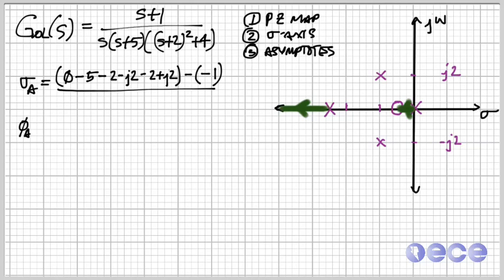So we have 4 poles on the bottom, so 4 minus 1. This gives us our value sigma A, because these j2's will cancel. So -9 plus 1 is -8/3. So that's our value for sigma A.